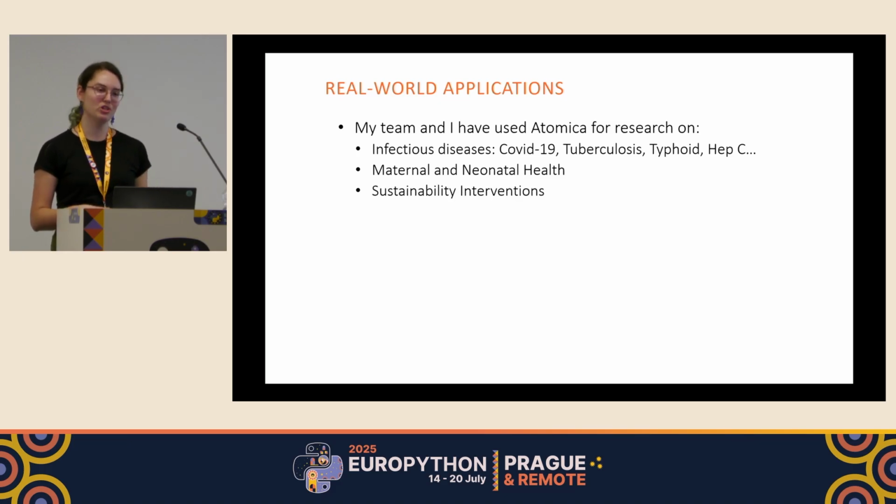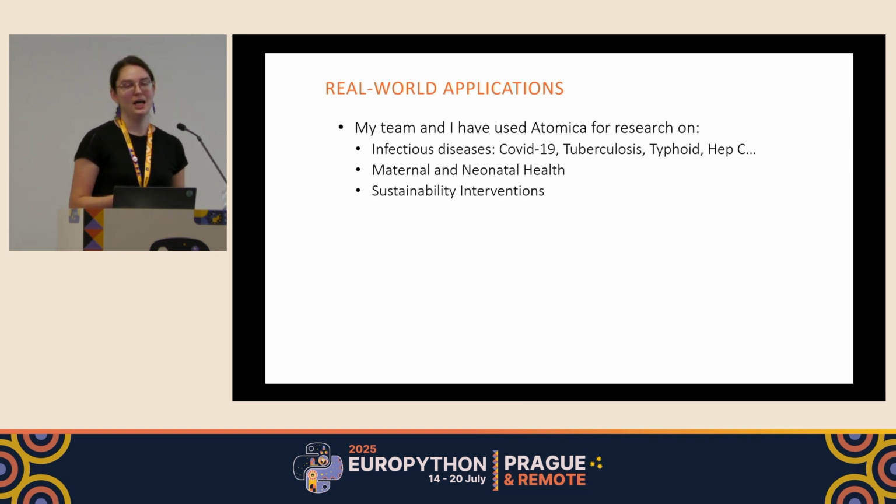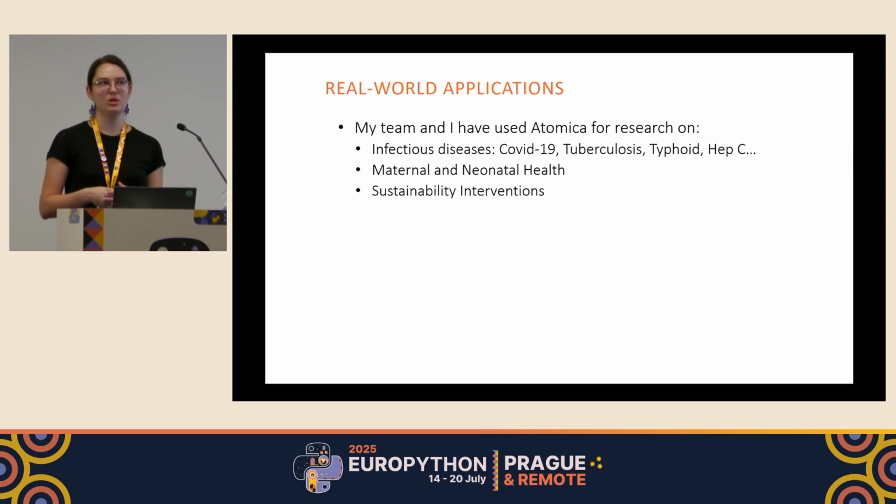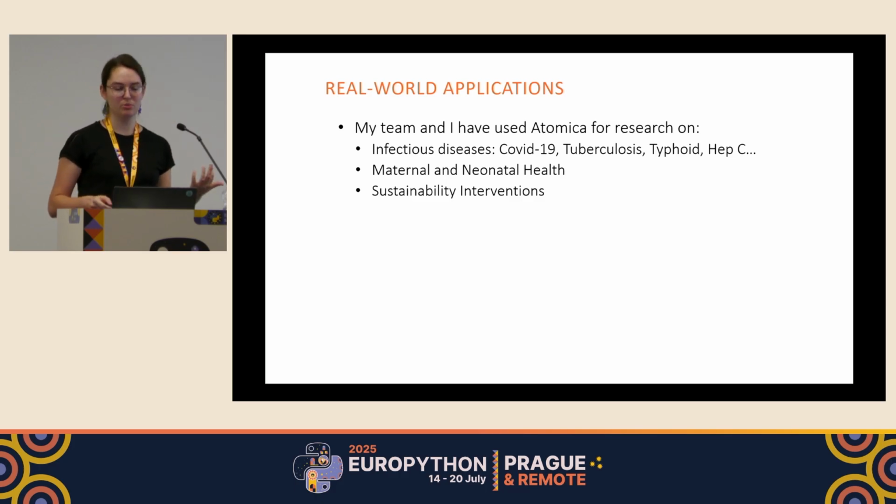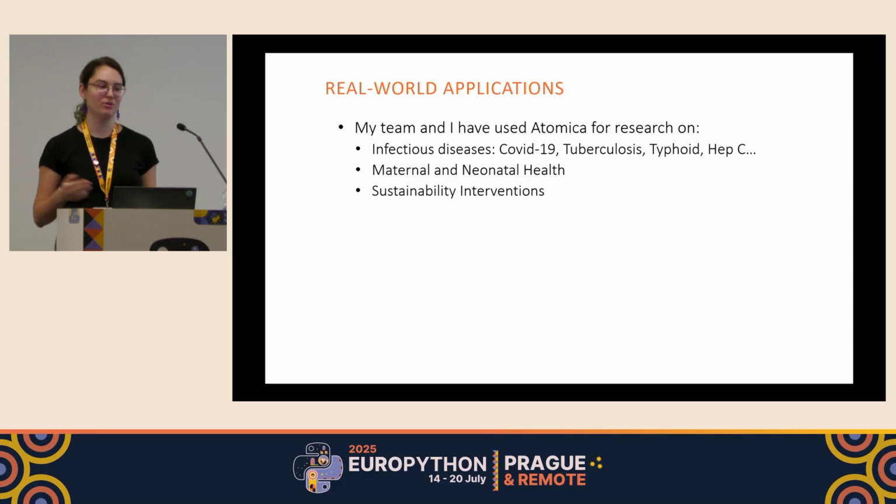There's also another project that I worked on recently on sustainability interventions in a hospital. This hospital reached out to us saying that they wanted to be more sustainable and put in a bunch of changes, and they had some suggestions such as small things like changing all the light bulbs to more sustainable light bulbs, or doing a training course for all staff on how to recycle medical materials.